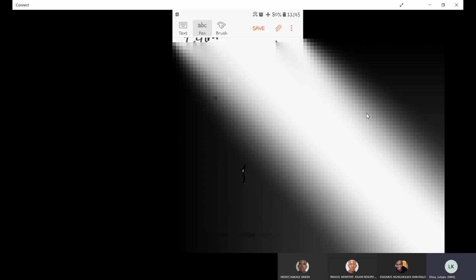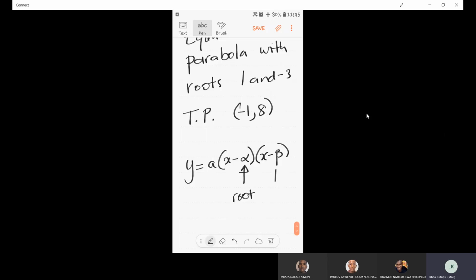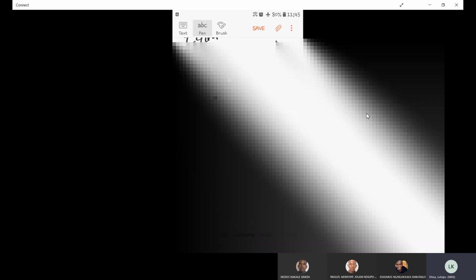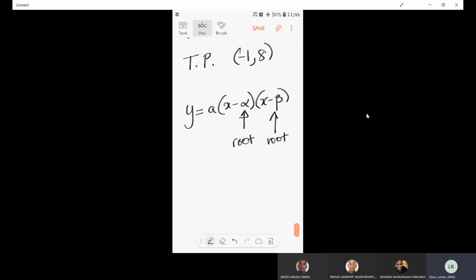So if you know the roots, you substitute them over there, because when we have the roots, we always factorize it, set it equal to 0, and solve for the roots. So first thing you do, you say y is equal to a.